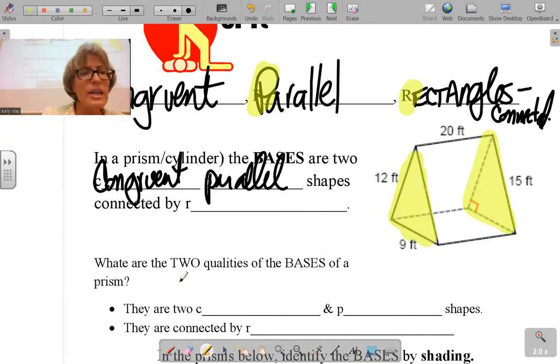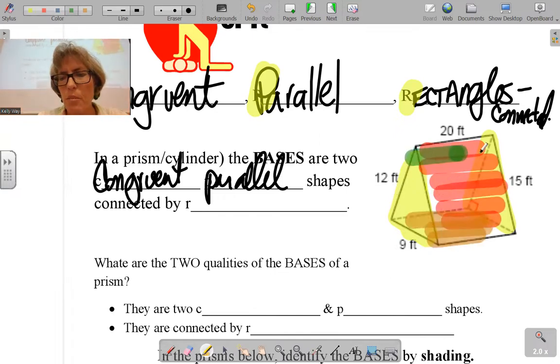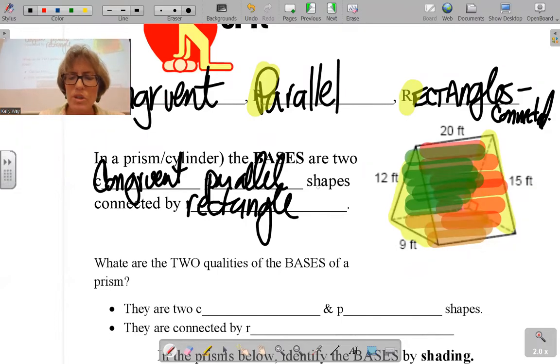Three, everything that connects them, this down here, and this in the back, everything that connects those two yellow triangles is connected by a rectangle. Congruent, parallel, connected by a rectangle.